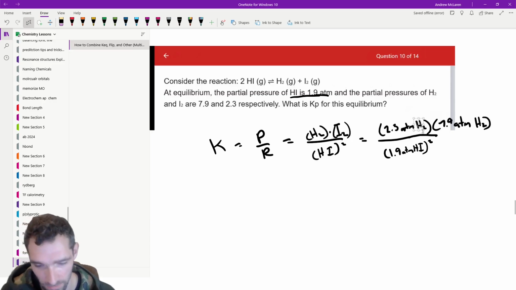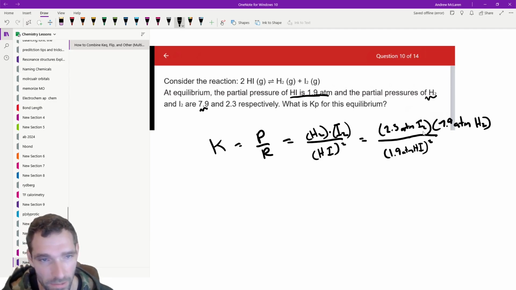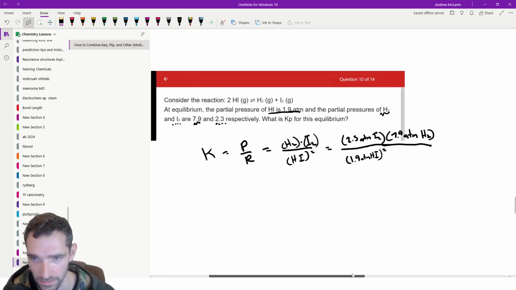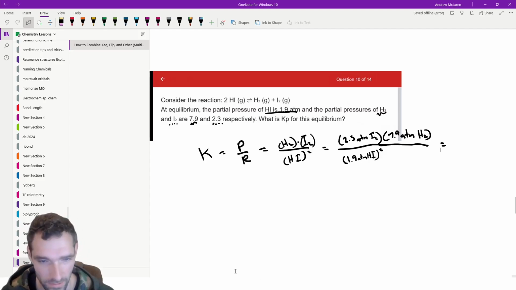The English language, man, sometimes it can just be a little bit confusing, because the H2 is that 7.9 and the I2 is that 1.3 number, is what I'm seeing. So we just multiply those out appropriately and divide by that 1.9 squared, and we should get something that's appropriate.